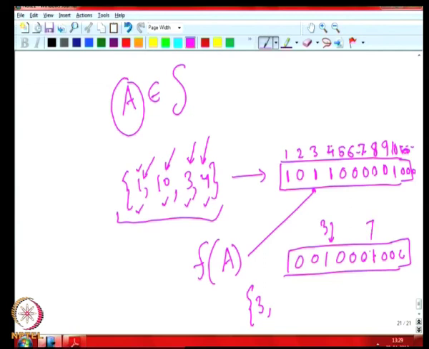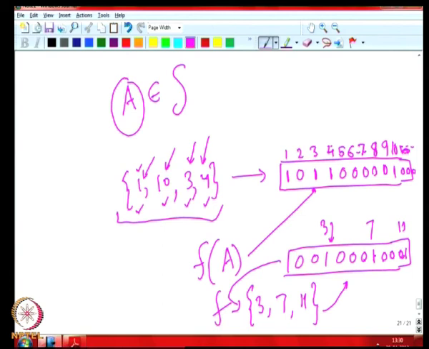The 7th position has a 1, so I write 7, and then 8, 9, 10, 11. The 11th position again has a 1, so I write it. The position numbers where I see a 1, I collect, and that becomes my subset. That is the reverse. There is only one way of getting it back, and if I apply the function on this subset, exactly this string comes back. So this is indeed a bijection.